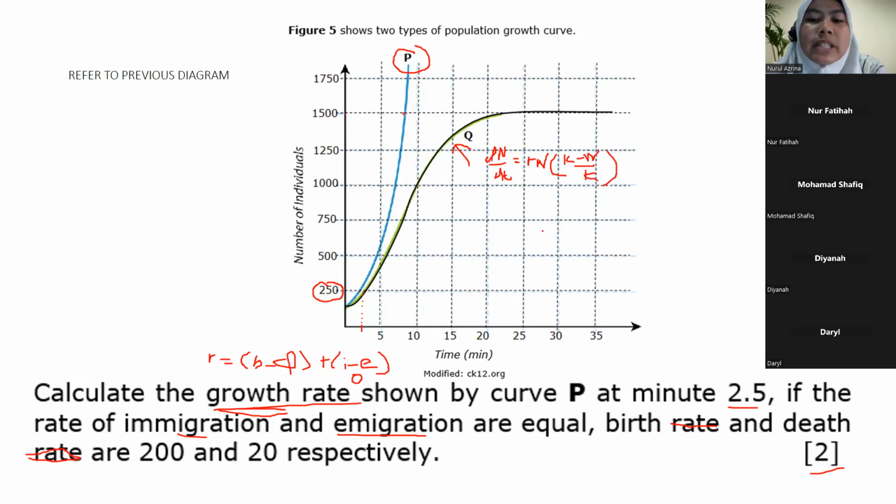Okay. So first nak dapatkan apa? N dulu. N dekat mana? N at minute 25. So at minute 25, the population size ialah 1,500. So you dah dapat 1,500. Dia kata apa?